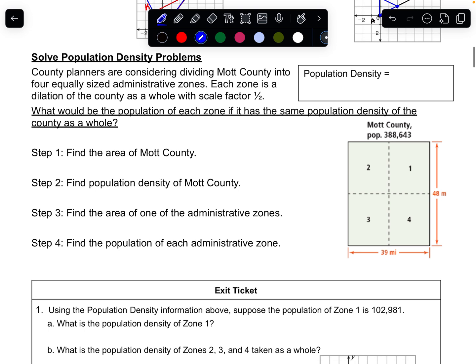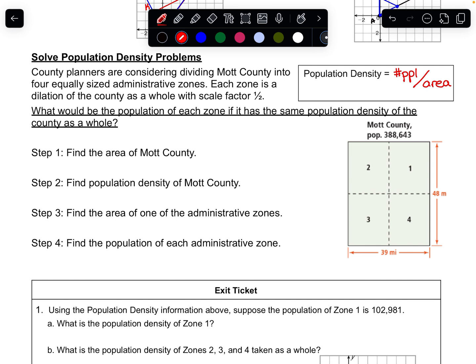Okay, so population density. This one's a little strange. Population density is going to be, think about what density actually means, right? If we're talking about the population density of Orlando, we're talking about the number of people per some kind of area, per square mile, per whatever it might be, okay?